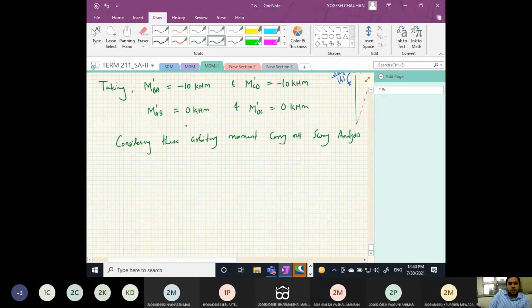Okay, here the negative sign is due to sway towards right. The frame sways towards right.